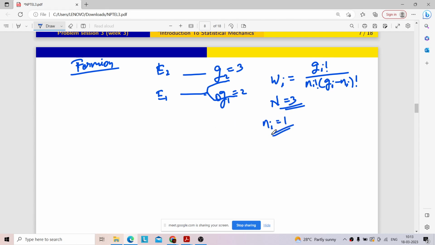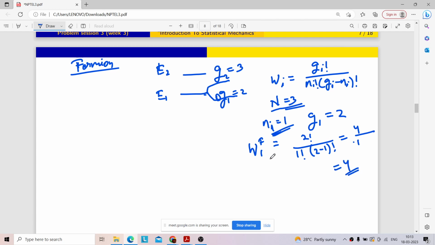So I have all the numbers. Capital N is not needed. Now we need Gi. So for the first case, G1 is 2, n1 is 1. So let's calculate W1 for fermion. This will be 2 factorial divided by 1 factorial times (2 minus 1) factorial. This is 2 divided by 1 factorial 1 factorial. So I have 2 microstates for the first energy state. So let's calculate for the second.